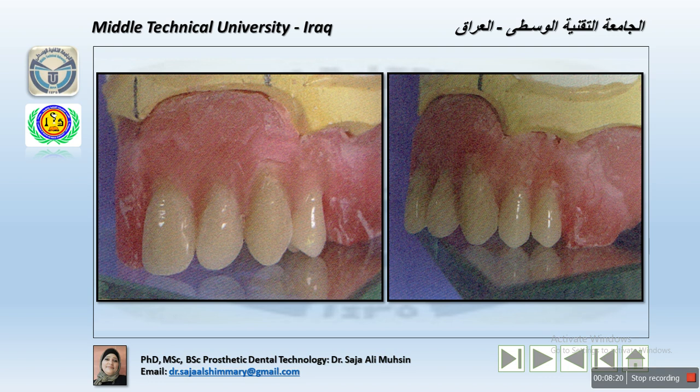Now the upper first premolar is positioned with the palatal and buccal cusps contacting. Many theories suggest that the first premolar should have only the palatal or only the buccal cusp contact.